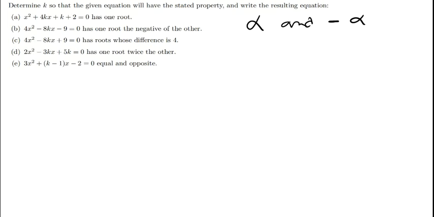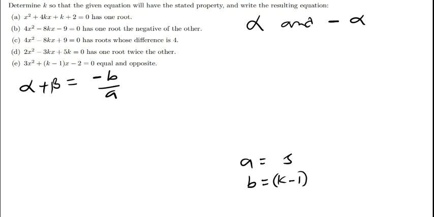So when it comes to the sum, remember, the sum is alpha plus beta, which is negative b over a. Now a in that case is 3, b is (k minus 1) in the brackets. Listen, guys. From the question, alpha and beta are not the same, so I need to replace beta with negative alpha.